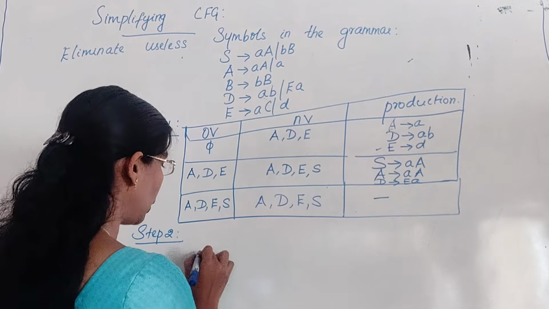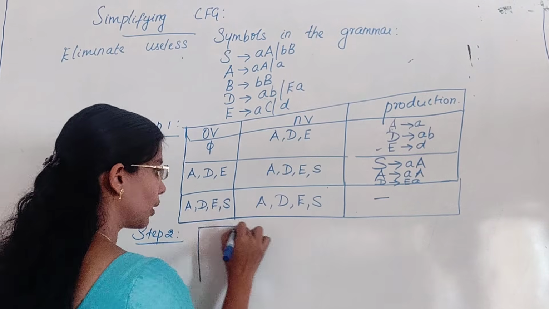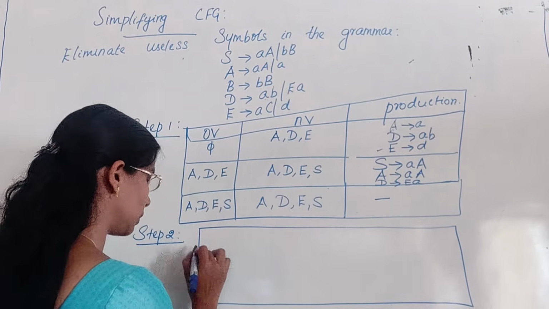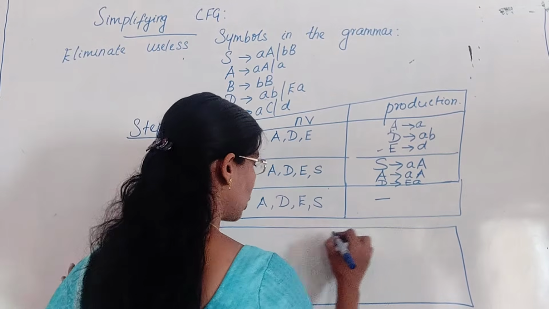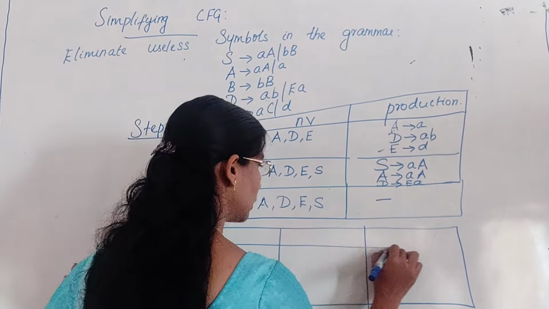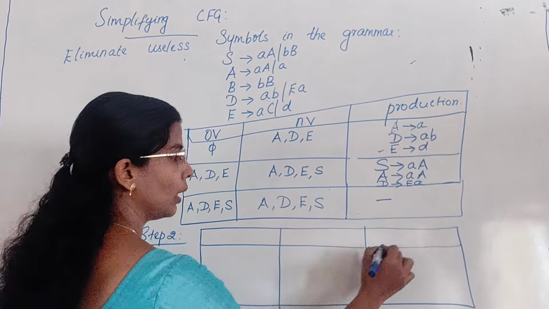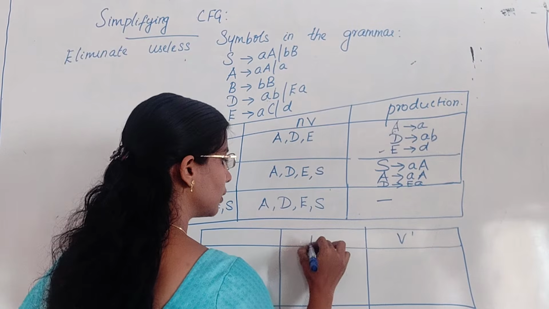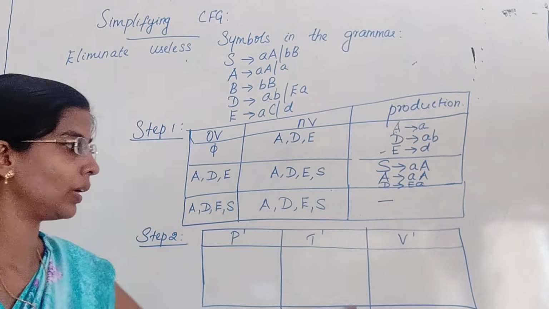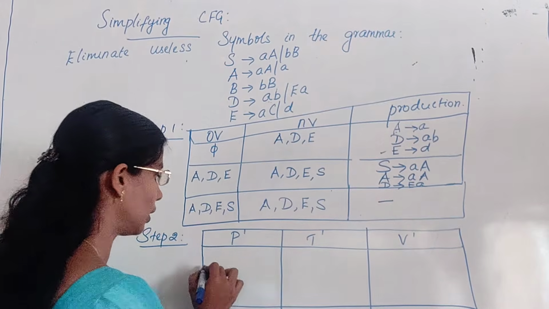You have to make one more table of columns. First, it has 3 columns: variable, terminals, productions.